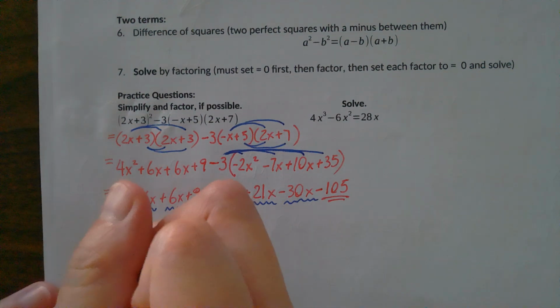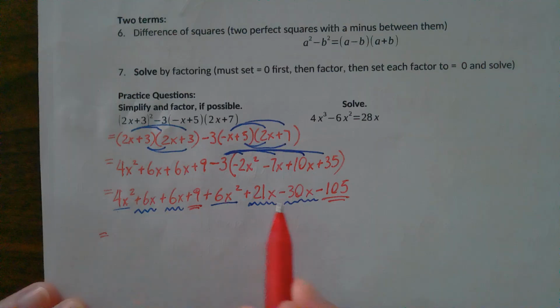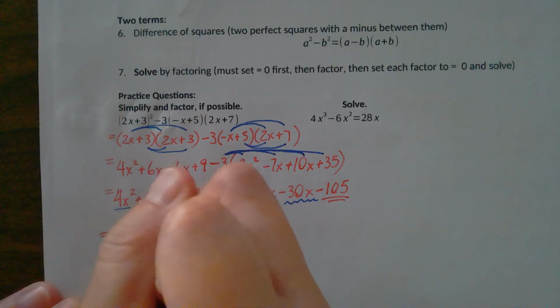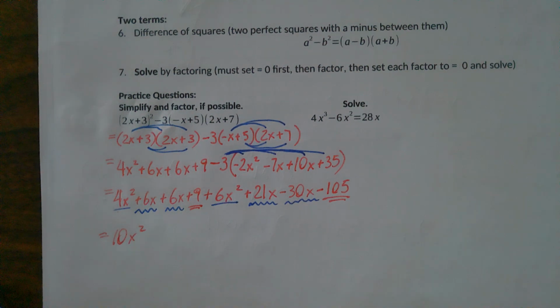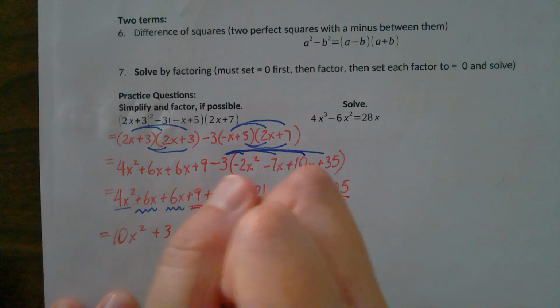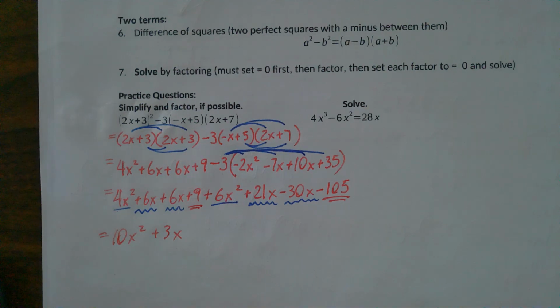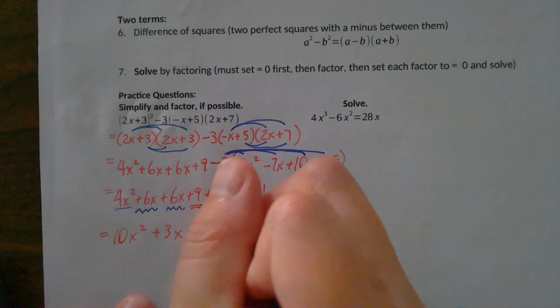So 4x squared plus 6x squared, I get 10x squared. 6 plus 6 plus 21 minus 30, I get 3. And then 9 minus 105, minus 96.